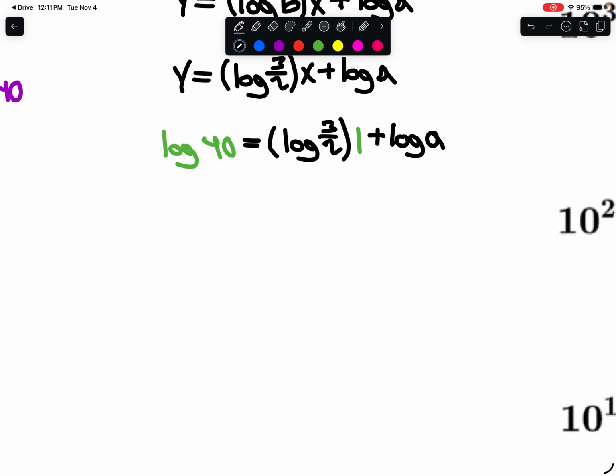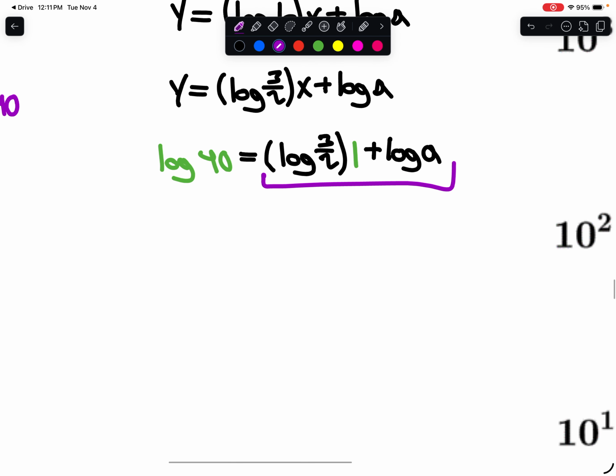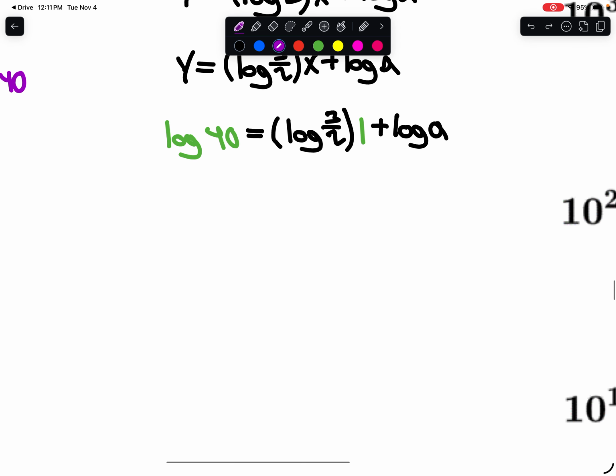So now I'm going to rewrite the right side here. I'm going to condense it into a single log. So I'm going to multiply the arguments together. So 1 times log of 3/2 is just going to be log of 3/2. So I just have the 3/2 in the a value.